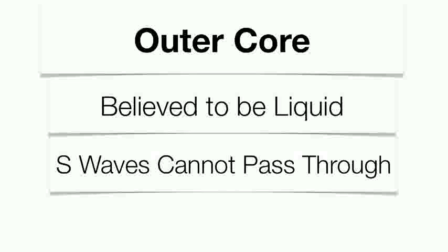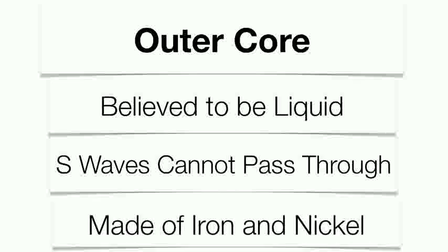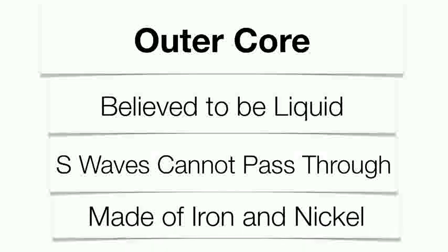So we believe that even though we haven't been to the outer core, it is liquid very simply because S-waves get absorbed into it. They can't pass through it. We also make the inference that it's made up of iron and nickel in liquid form. The outer core just has not had a chance to cool off and turn solid, so it's still believed to be liquid at this time.